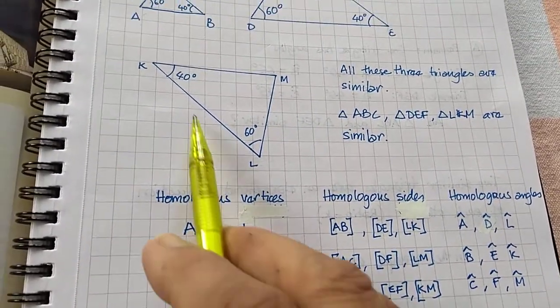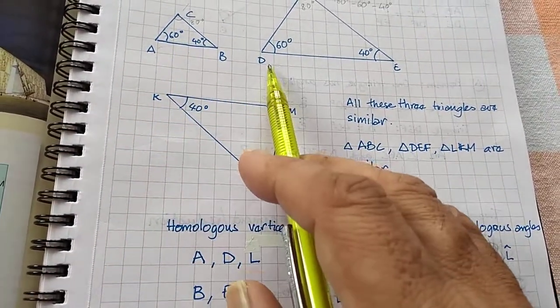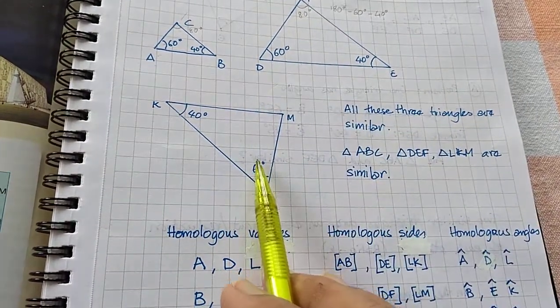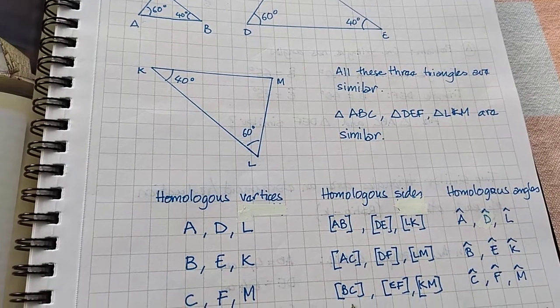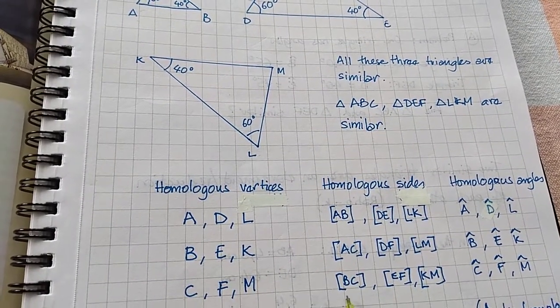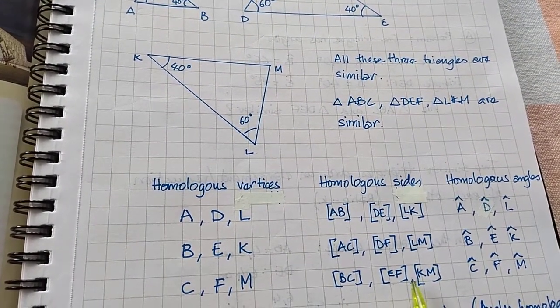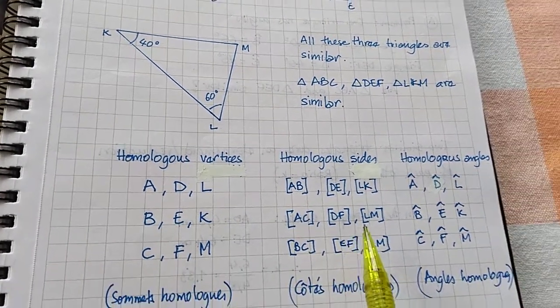Okay. Similarly, AC is homologous to DF, is homologous to LM, and whatever remains, BC, the third sides in each of these three triangles, BC, EF and KM are also homologous.